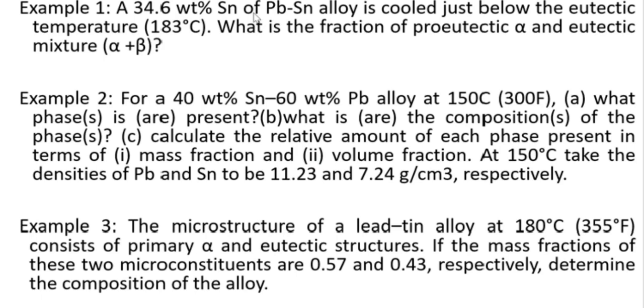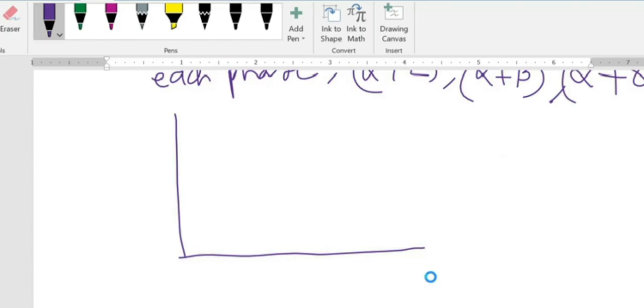And then you'll be asked to determine the percentage fraction of the constituents. It says a 34.6% by weight tin lead-tin alloy is cooled below the eutectic temperature at 183 degrees. What is the fraction of the proeutectic alpha and eutectic mixture? So this is question number 1.